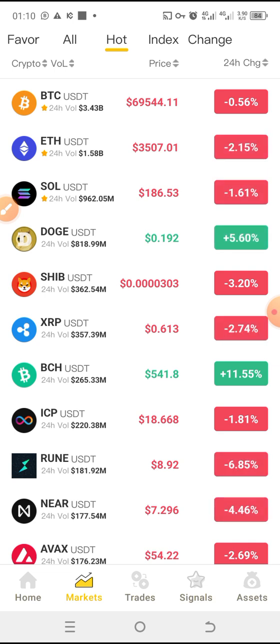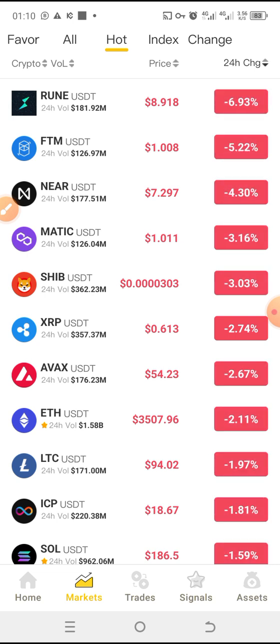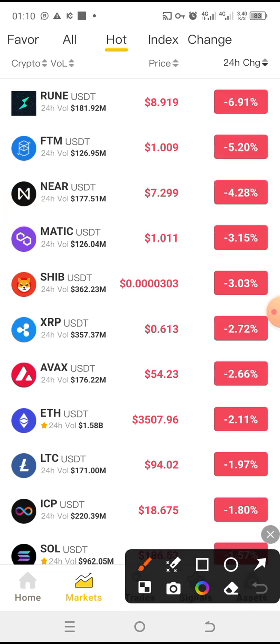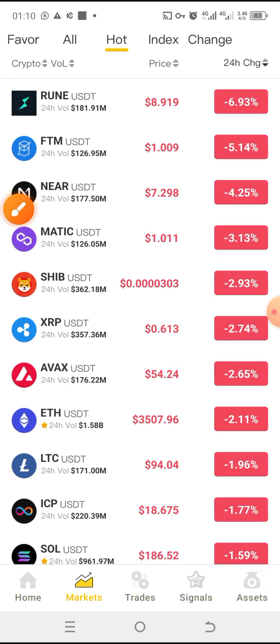So I arrange the coins according to how bad they are. I always prefer to trade 8% to 10% deep and above. But despite that, you still need to check the coin itself and see the kind of drama the coin is doing.